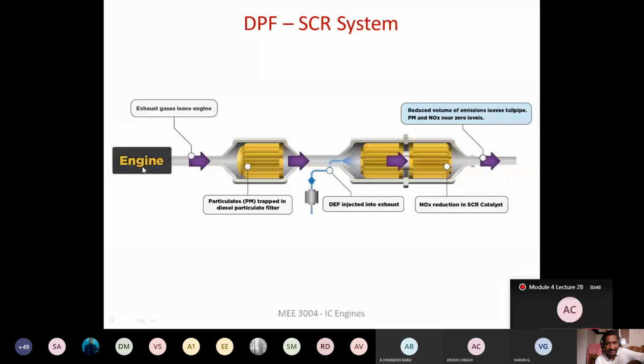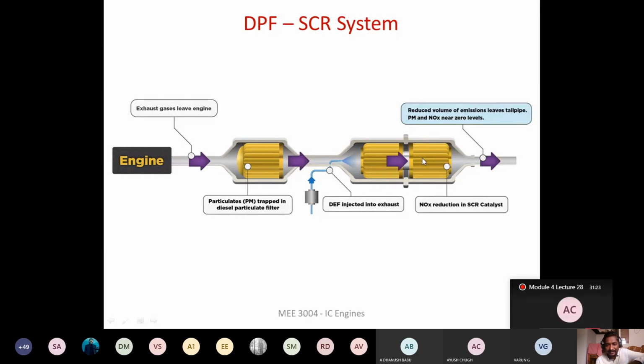Let us say this is the engine. From the engine, the emissions are being let out, and we want to prevent the pollution of the atmosphere. For that, initially in the tailpipe, we will provide a diesel particulate filter. This diesel particulate filter is going to remove the particulate matter or the soot. Now the emissions that are present are unburned hydrocarbon, carbon monoxide, and NOx. So subsequently, in the downstream, we are going to place the SCR, selective catalytic reduction system.